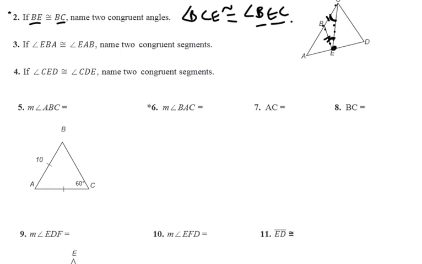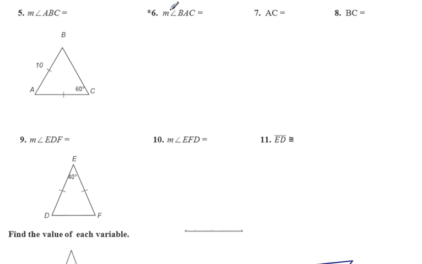Number 6, the measure of angle BAC, so this angle here. Well, as soon as we see that these 2 sides are congruent, let's go ahead and mark the 2 opposite angles congruent. So if this angle is 60 degrees, then this angle also has to be 60 degrees.